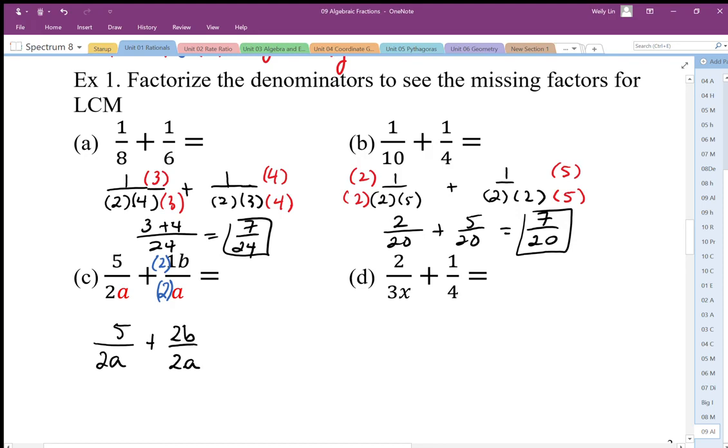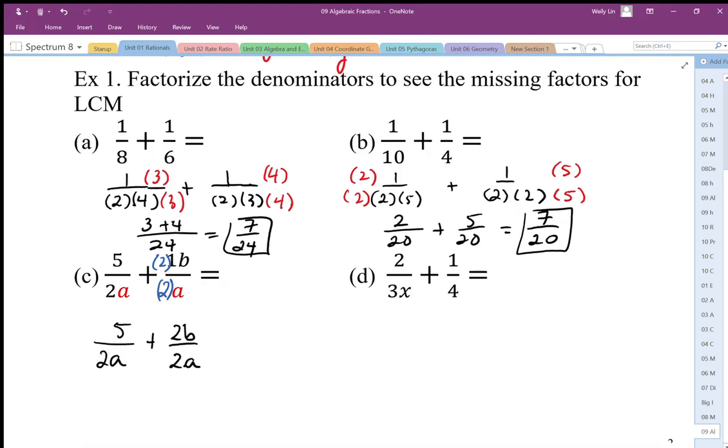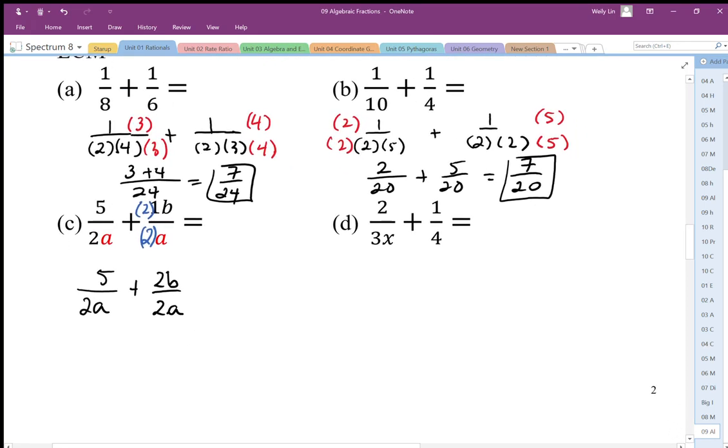Now, although I don't know what a is, I know that 2a and 2a are the same denominator. If they have the same denominator, they have the same size pieces, I can just add the numerator.